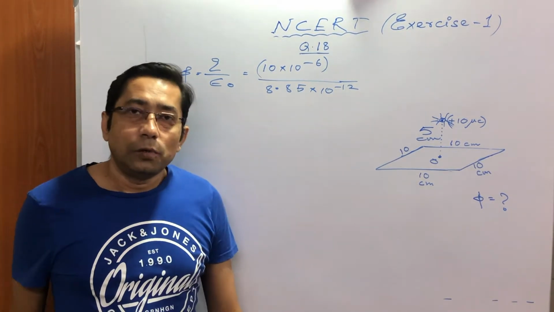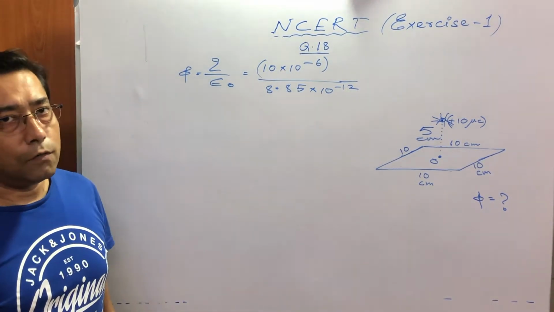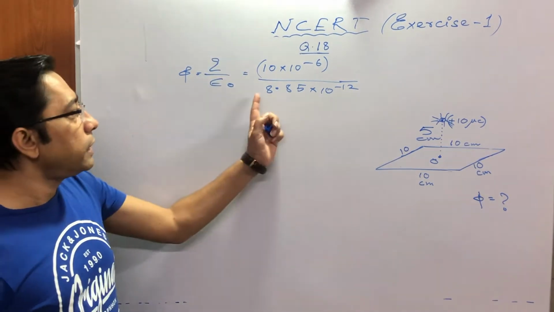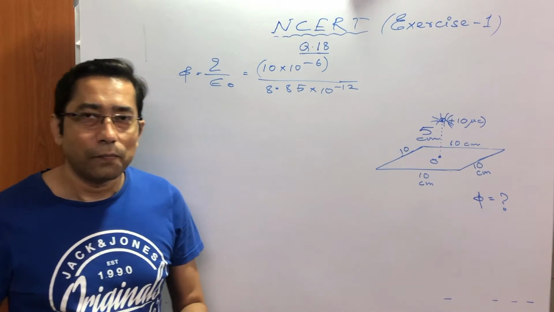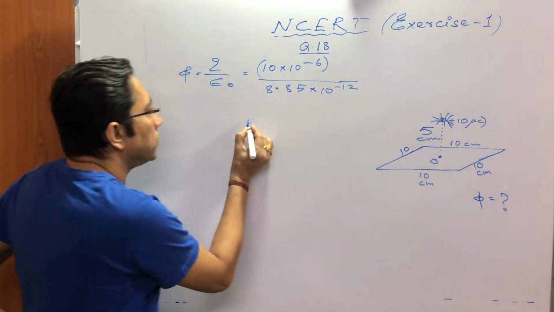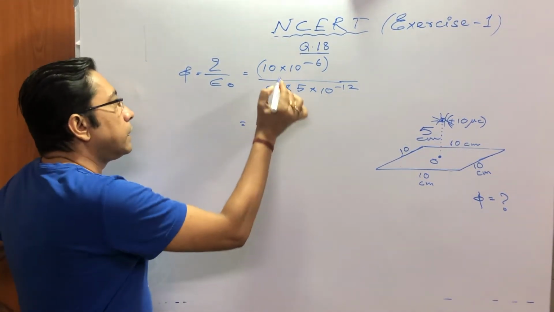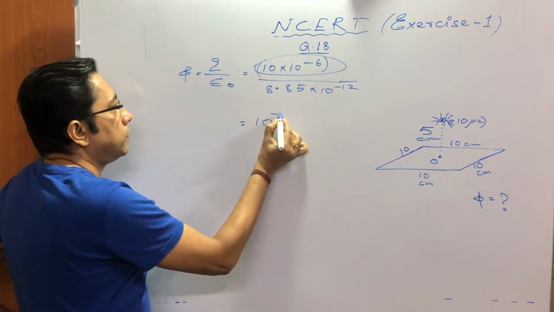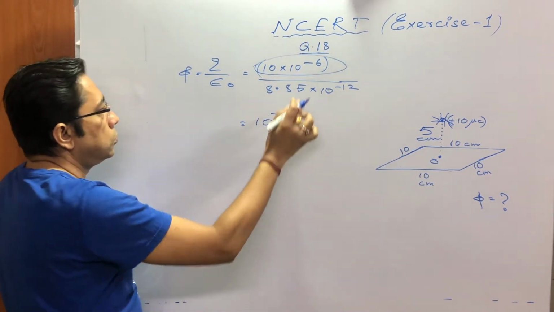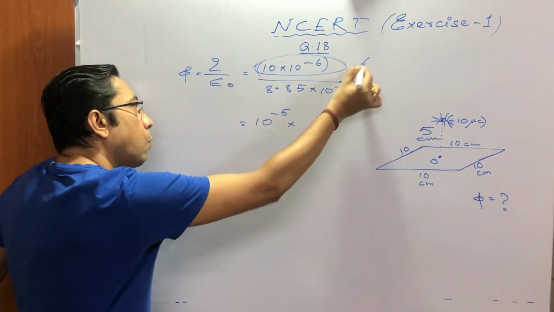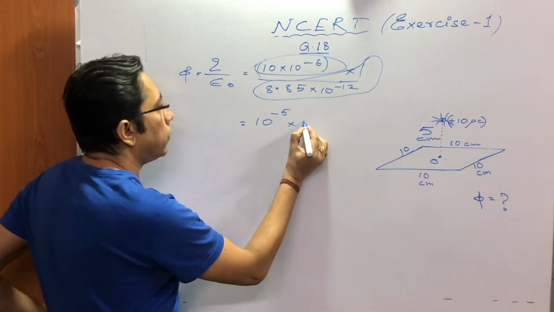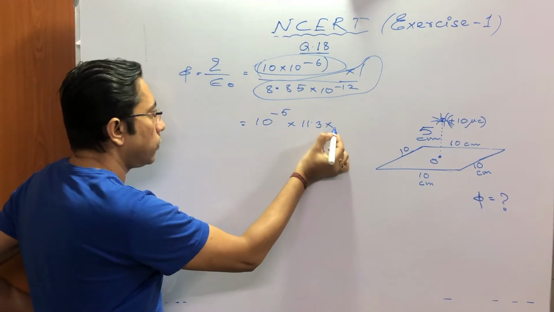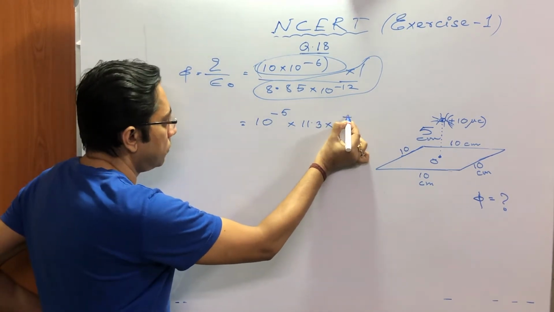Remember one thing I told you earlier, to remember the value of 1 by 8.85 into 10 to the power minus 12. Anyone remembers that? I told you, if I write this as 10 to the power minus 5, then into 1 by this thing, which used to be 11.3 into 10 to the power 10.